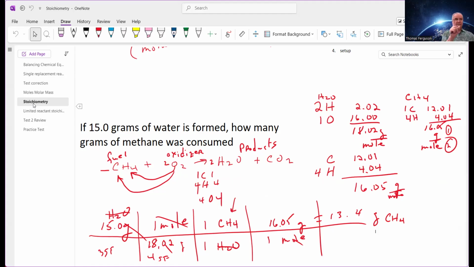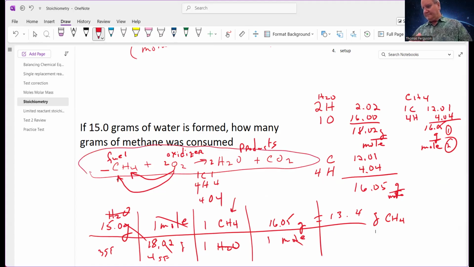So step one in our four-step process is balance the chemical equation. So this is the equation here. CH4 is methane, O2 is oxygen, yields water and carbon dioxide. So we have to balance that.